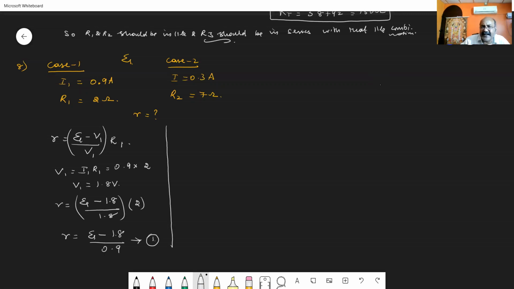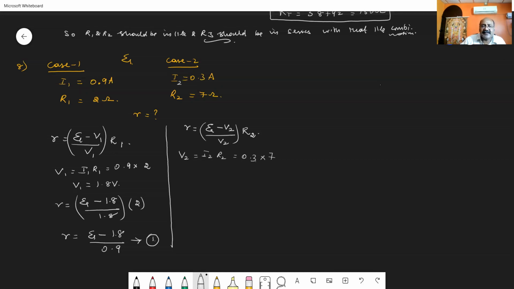Similarly, you write it for case 2. The internal resistance for case 2 is (E minus, instead of V1, it is V2) divided by V2 multiplied with the external resistance. Here it is R2. What is the value of V2? V2 is I2 into R2. I2 is 0.3, multiplied with 7.